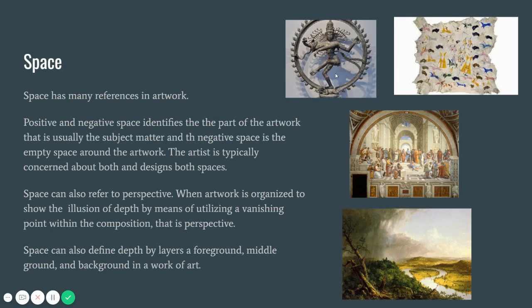The same with three-dimensional work. Three-dimensional work has positive and negative. So for this sculpture here, all the positive space is the actual metal sculpture itself. So we have the dancing Shiva in the middle, and we have the ring of fire around Shiva, and that's the positive space.